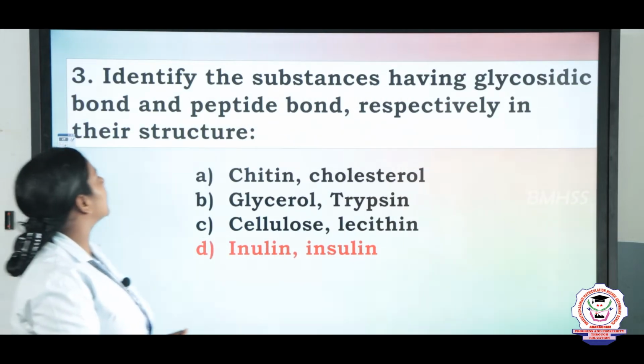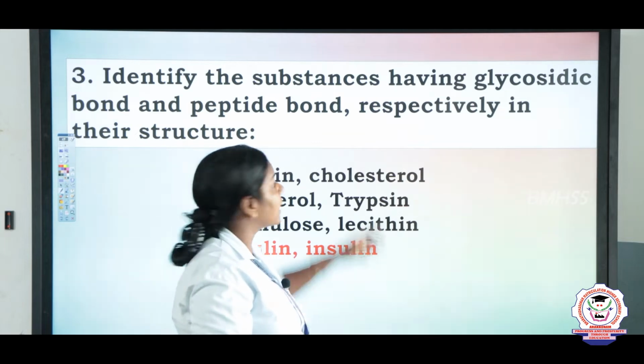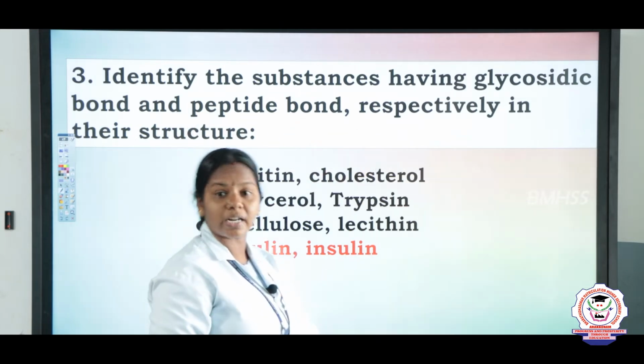The third question is: identify the substance having the glycosidic bond and the peptide bond respectively.